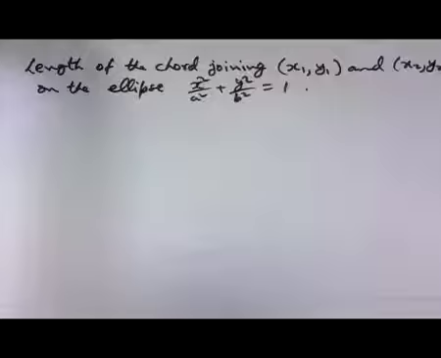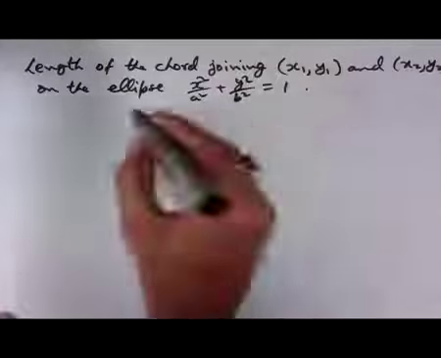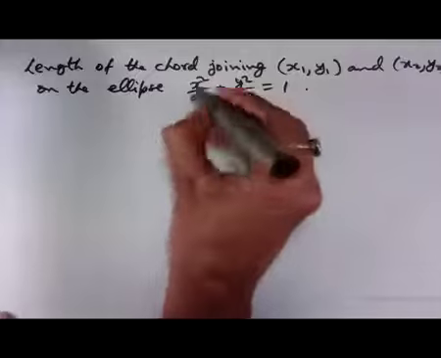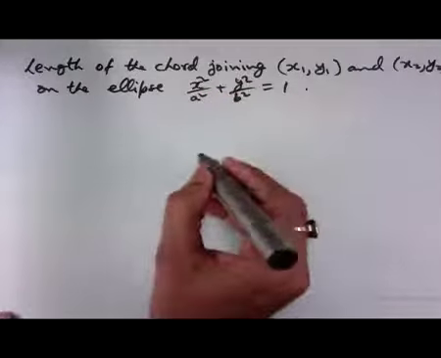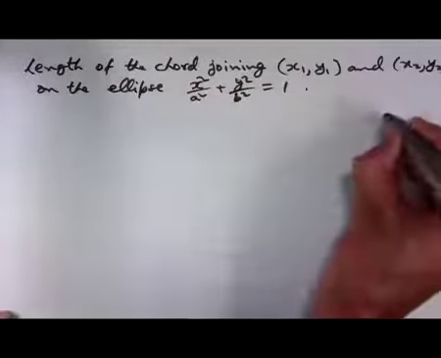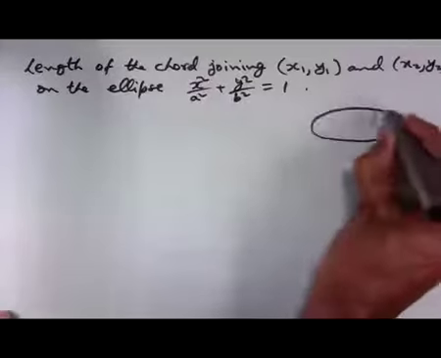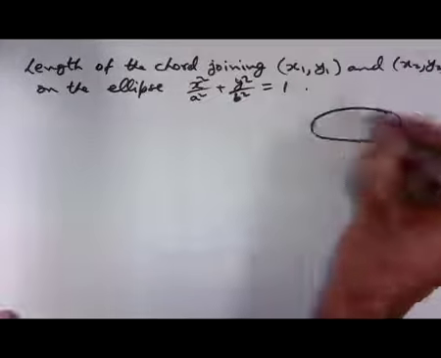So, suppose there are these 2 points on the ellipse x square by a square plus y square by b square equal to 1, then we want to find the length of the chord. So, we have this ellipse and we have any 2 points.